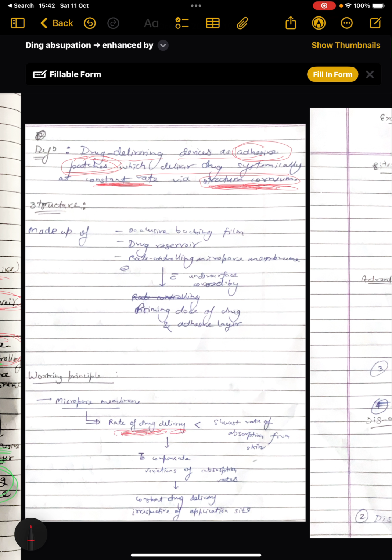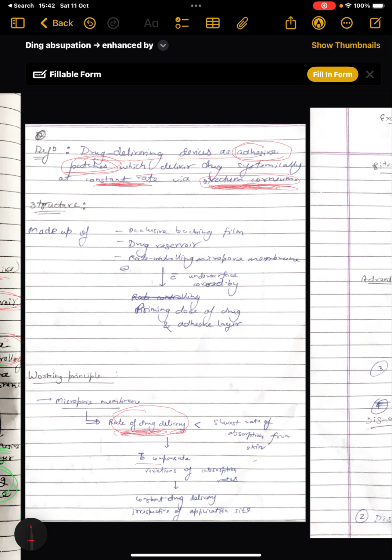This micropore membrane has a rate of drug delivery which is actually much slower than the slowest rate of absorption from the skin. So throughout the skin on the body, there is a slowest rate of absorption, and if the rate of drug delivery is slower than that slowest rate, which means that the rate of drug delivery is actually uniform, because it is slower than the rate of absorption.